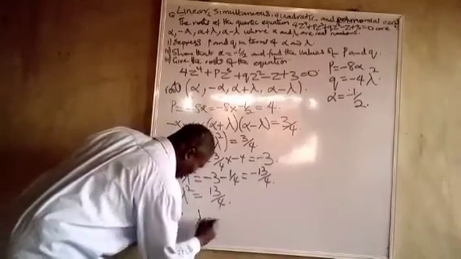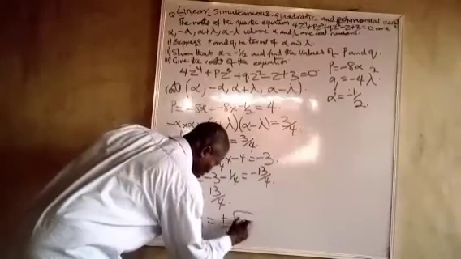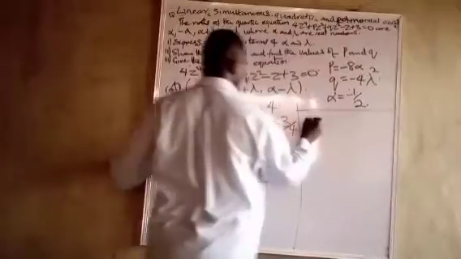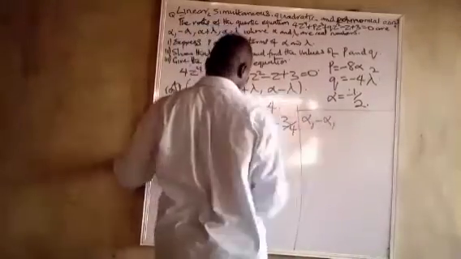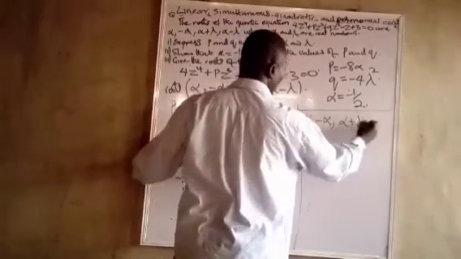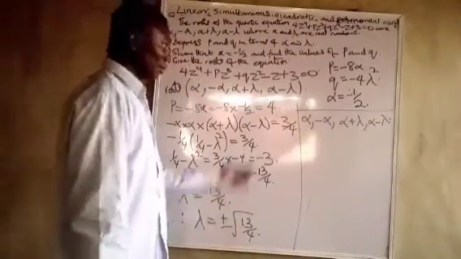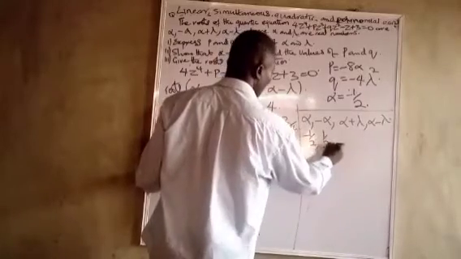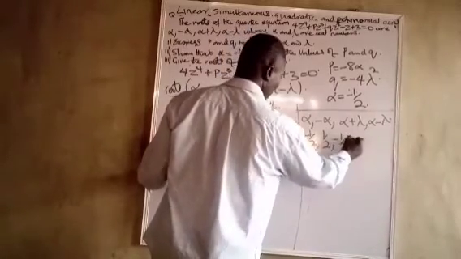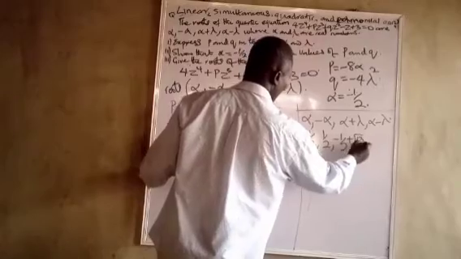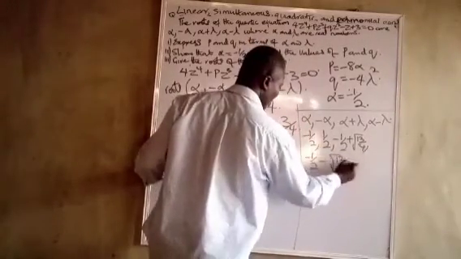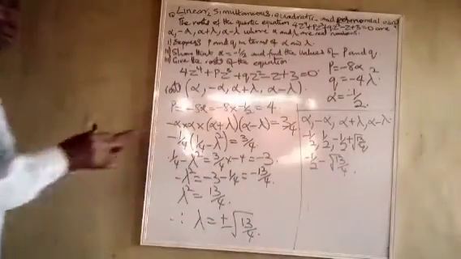Therefore, lambda is equal to plus or minus root of 13 over 4. Now, since the roots are alpha, minus alpha, alpha plus lambda, and alpha minus lambda, lambda can take either positive or negative. So these are the roots: minus half, half, minus half plus root of 13 over 4, and minus half minus root of 13 over 4. Those are the roots.